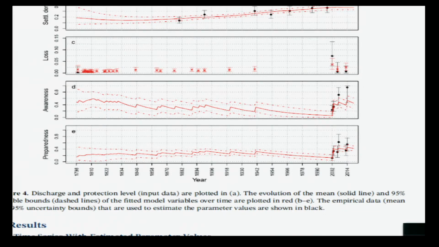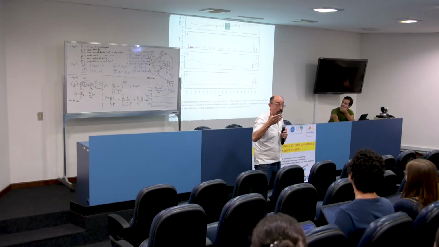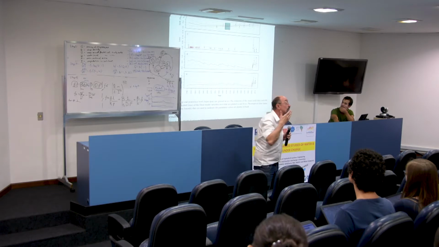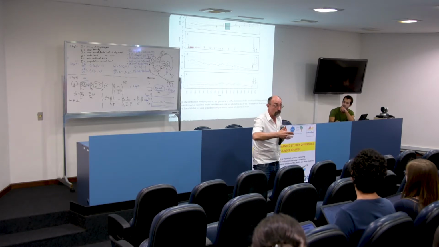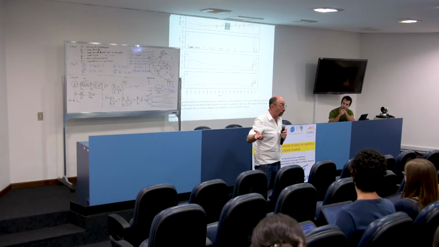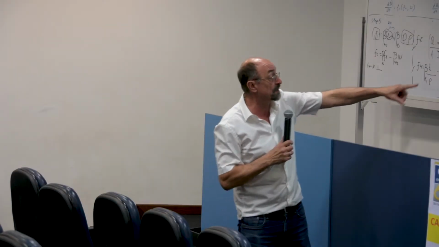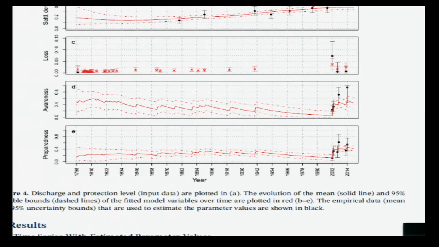They have not only asked about awareness, but also about preparedness. Do you think there's a flood risk? That's awareness. And did you do something about that? That's preparedness. Did you flood-proof your house, as we saw this morning? Again, the black points are the data; we don't have data about the past.